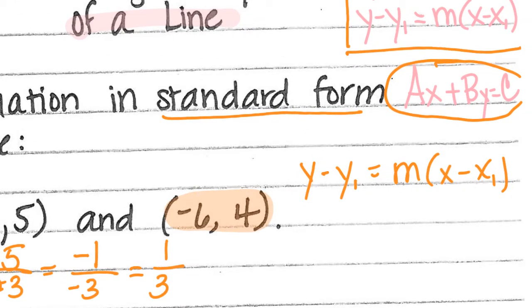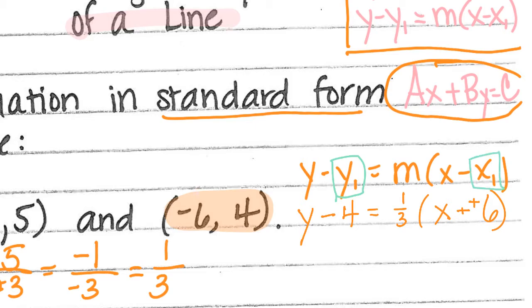So if I plug in y sub 1, we need the y as the y, and we need the number 4 as y sub 1. My slope is 1/3. We're going to use x as x, and we're going to use minus a negative 6, which would be a plus, as my x sub 1.